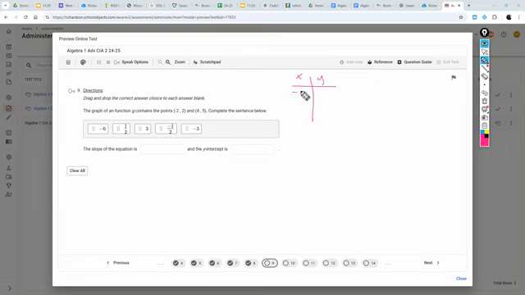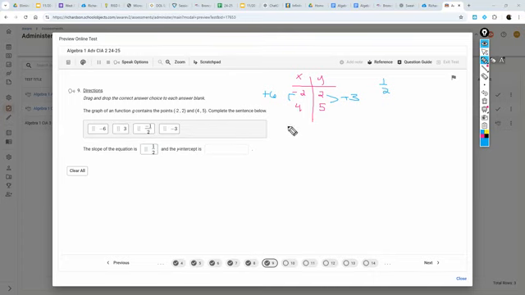I have negative 2, 2, and 4, 5. Here I'm going to be adding 3, and here I'm going to be adding 6. So I know that my slope is going to be 1/2. So I can plug that in there so I don't forget.